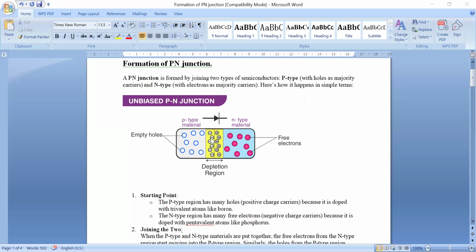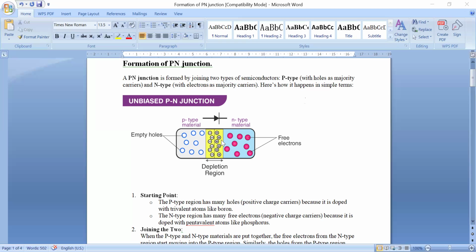On the P side, it is negatively charged, with negative immobile ions, and on the N side, positive ions. So this area is called the depletion region, and it acts like an insulator.